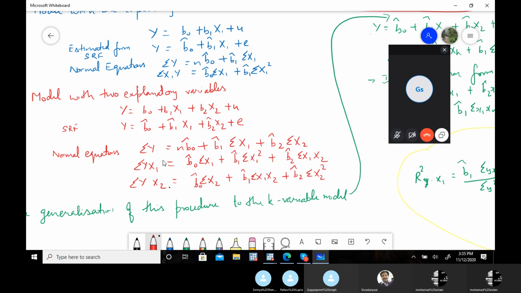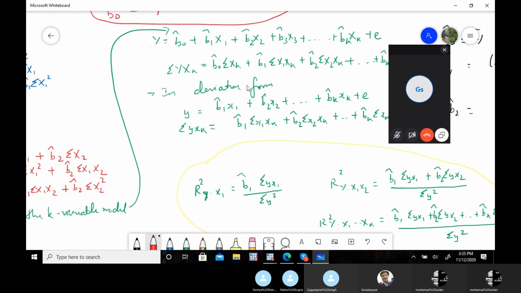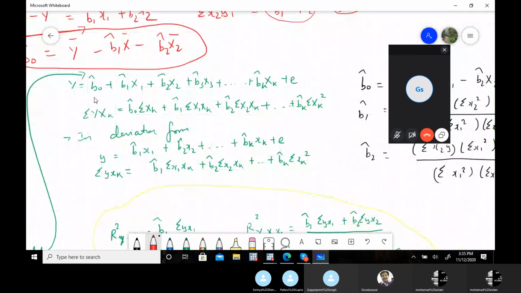First, this is for the intercept part, then for x1 multiply with x1, then with x2, and then for x3, x4, and up to xk. This is the simplest way to get these normal equations. In deviation form, the process remains the same, just multiply with the deviation xk.